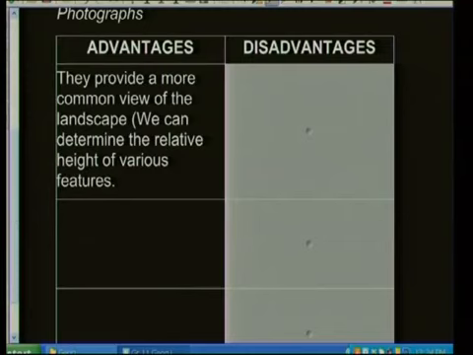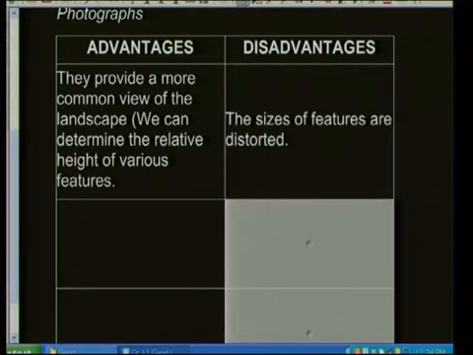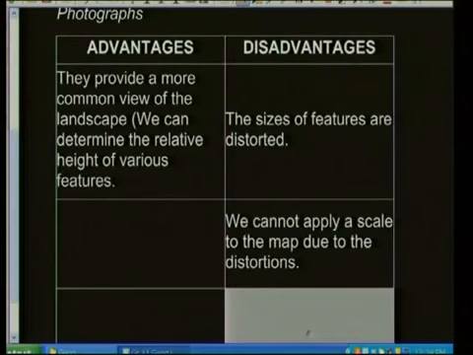The size of features are distorted because it's taken at an angle. You can't really make an accurate judgment of how tall a building is or how short a building is, okay? Because it's taken at an angle. We cannot apply scale to this map.